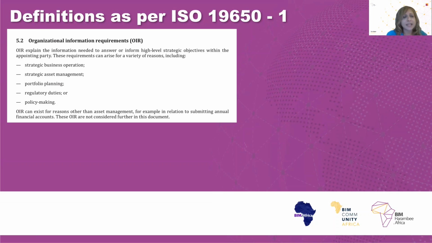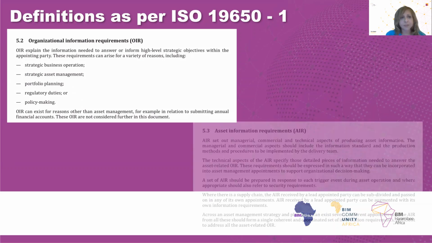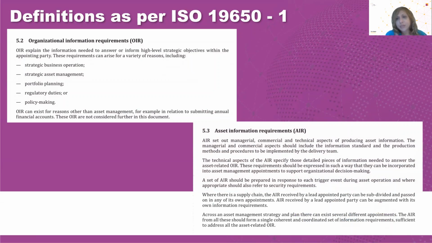Of course, that can include strategic asset management, as you can see in front of you here, portfolio planning, any policies or regulations that are included. But this is sort of like an overall generic definition. Now, let's go on to the other definition that I want to talk about today, and that is the asset information requirements.